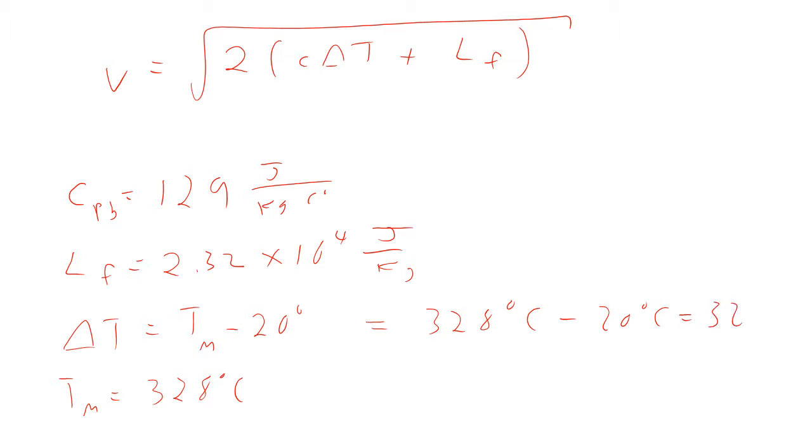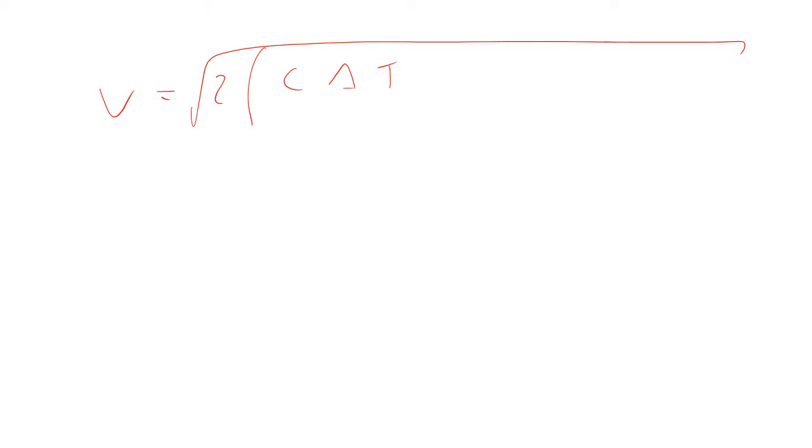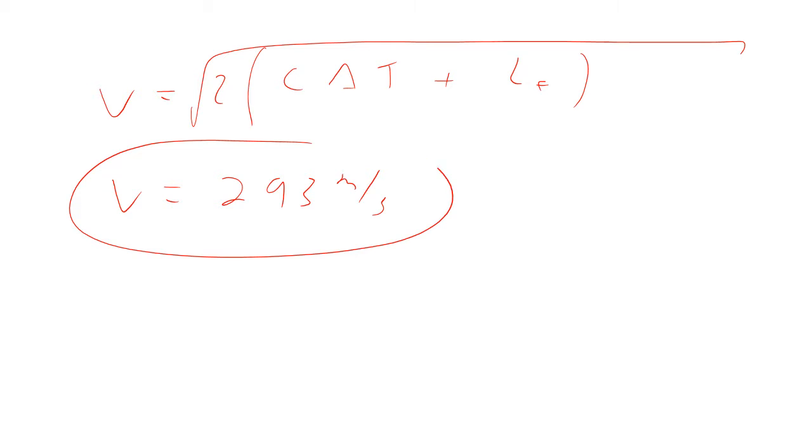So that's 308 degrees. Okay, plug all those numbers in. So that's square root of 2 times (c delta T plus L_F). We plug in all the numbers and we come up with 293 meters per second.